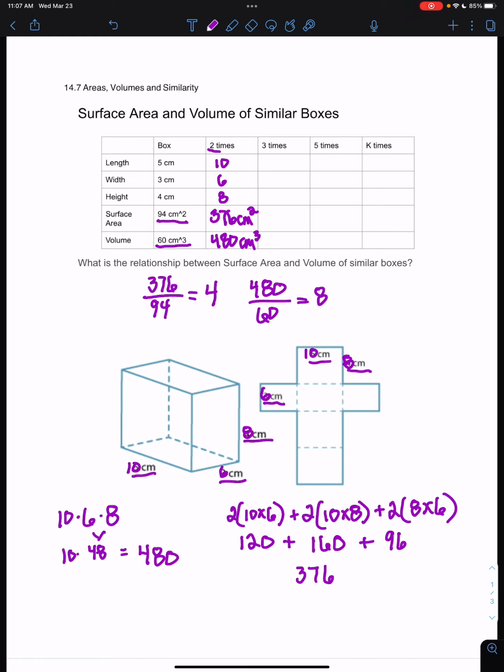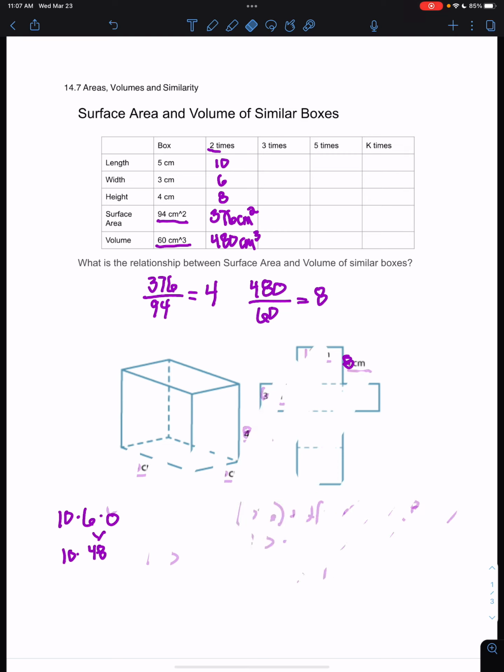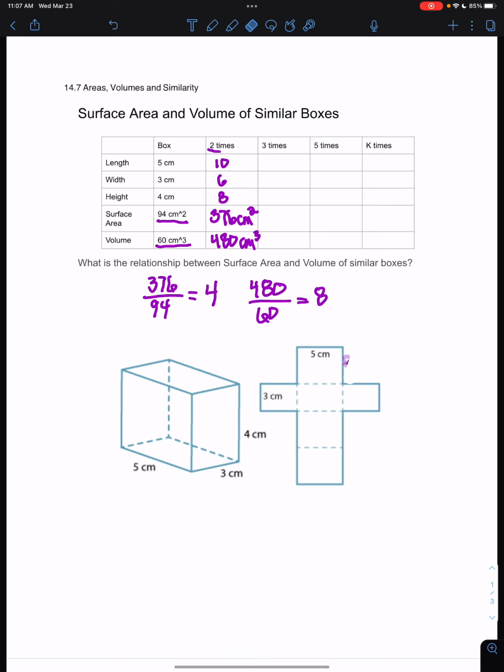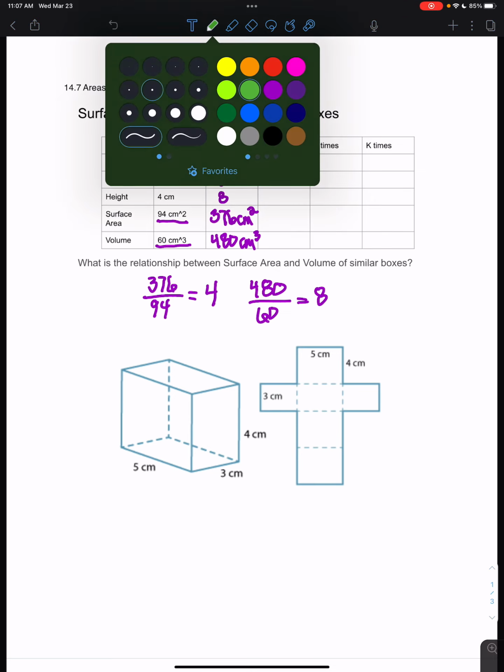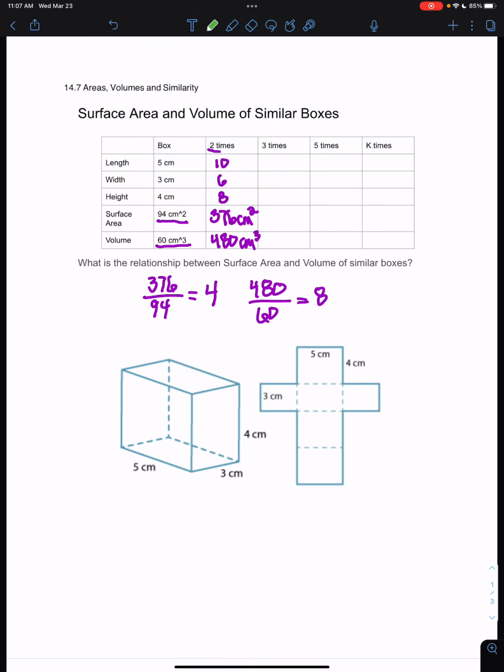So let's see if we can do one more and see if we can figure out a pattern. So let me erase all of this on the bottom here. And this time we will do 3 times.